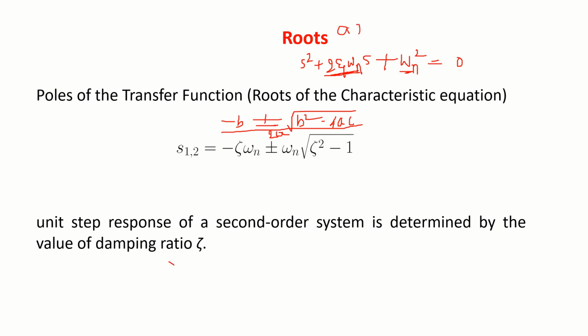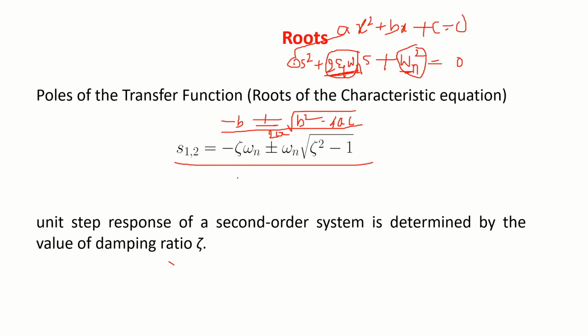You know the equation is ax square plus bx plus c, correct? So you substitute here and finally you will get, this is a quadratic equation, there should be two roots. That's why I marked them as 1, 2: roots S1 and S2.